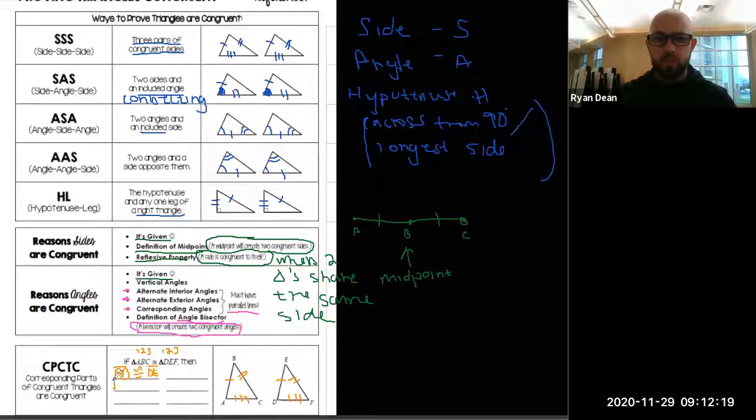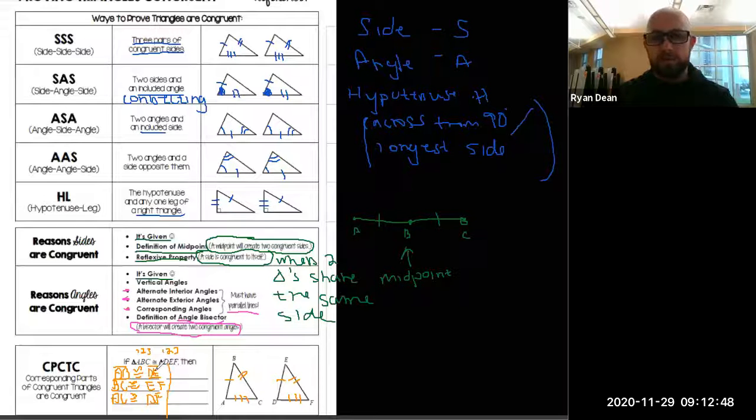So that would be BC is congruent to 2 and 3 on the other, which is EF. Make sure that you put your segment on top. And then the last one would be AC is congruent to DF. Okay, so that would be all of the sides.